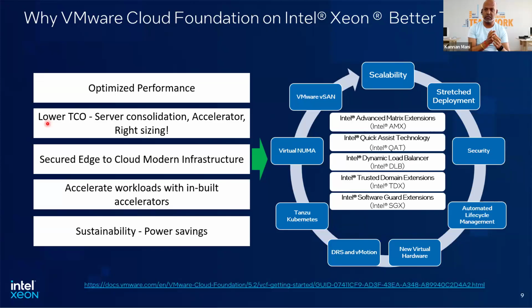Number two is server consolidation. If you're moving from older generation hardware, like 3-year-old or 5-year-old hardware, you'd probably be replacing 10 servers with 1 or 2 servers. I'm just giving an example here; your consolidation may vary depending on the workload.